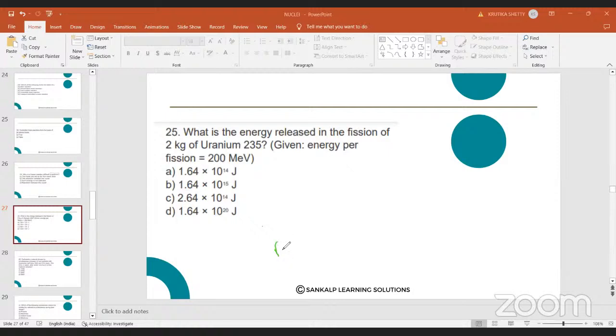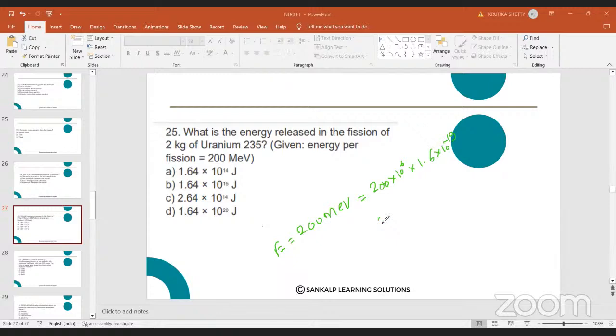So here the energy is how much they are saying, 200 mega electron volt. Convert it in terms of joules: 200 into 10 raised to 6 into 1.6 into 10 raised to minus 19. If we do this conversion, it is 3.2 into 10 raised to minus 11 joules. The number of atoms in 1 kg, but they are asking here for 2 kg.